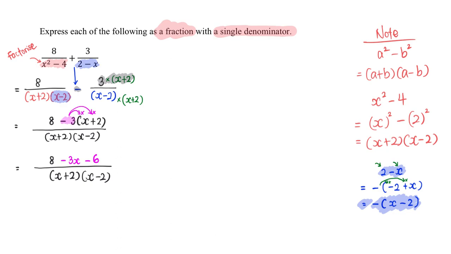And therefore, last but not least, let's continue to simplify the numerator. I will have 8 minus 6, 2, not forgetting mine, minus 3x. And since I cannot factorize any further, this will be the final answer for this question.